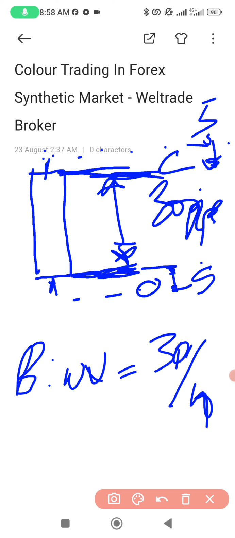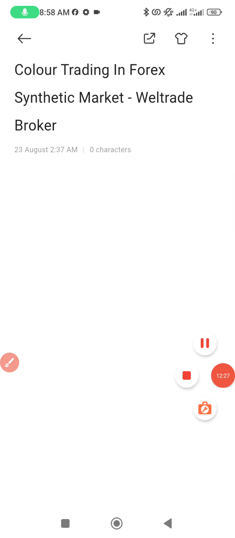So for this thing to make sense, you have to combine it with other known working technical tools for confirmation, to confirm that this conclusion is real. Okay, so that's good.